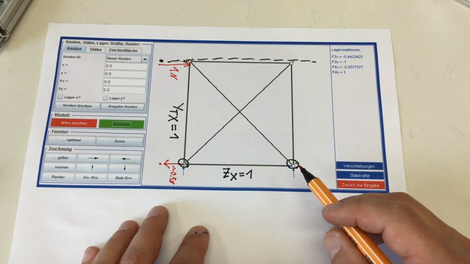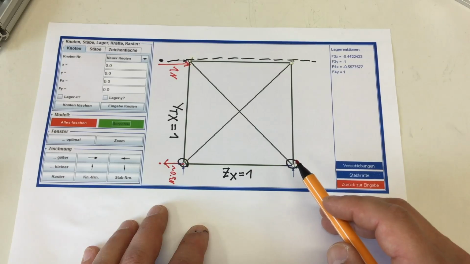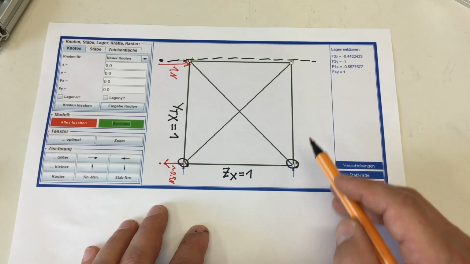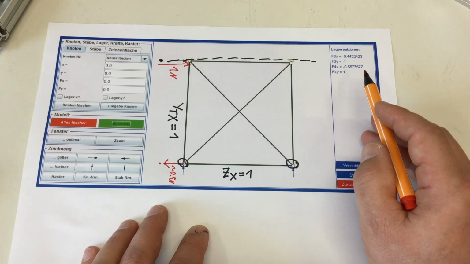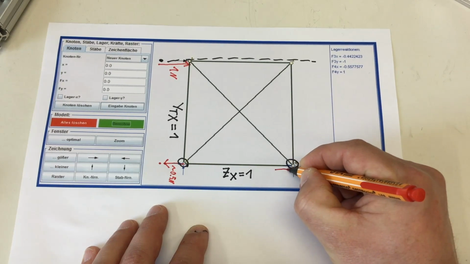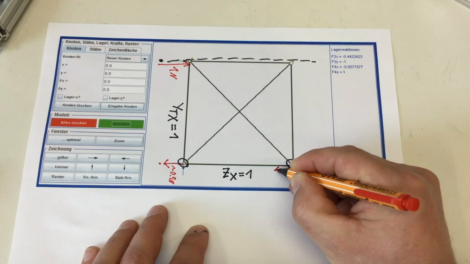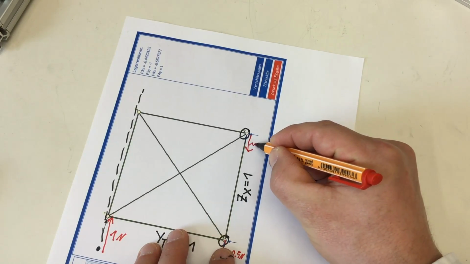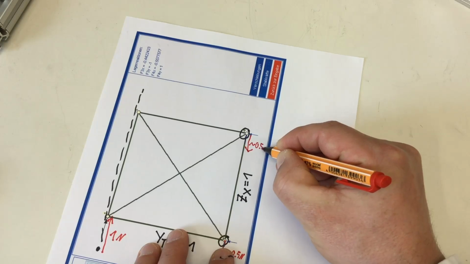And on point 4, which is my other bearing, we have 0.55. So also here we have a force of approximately 0.5 newtons.